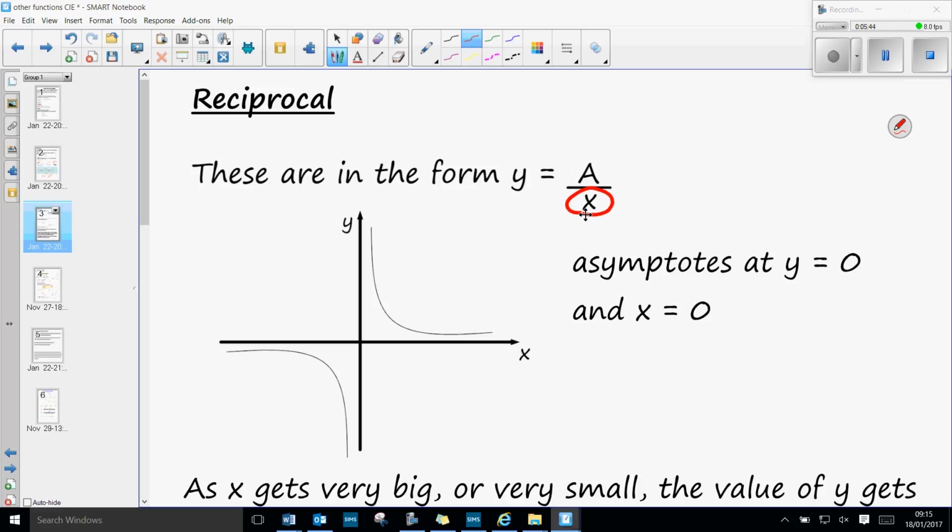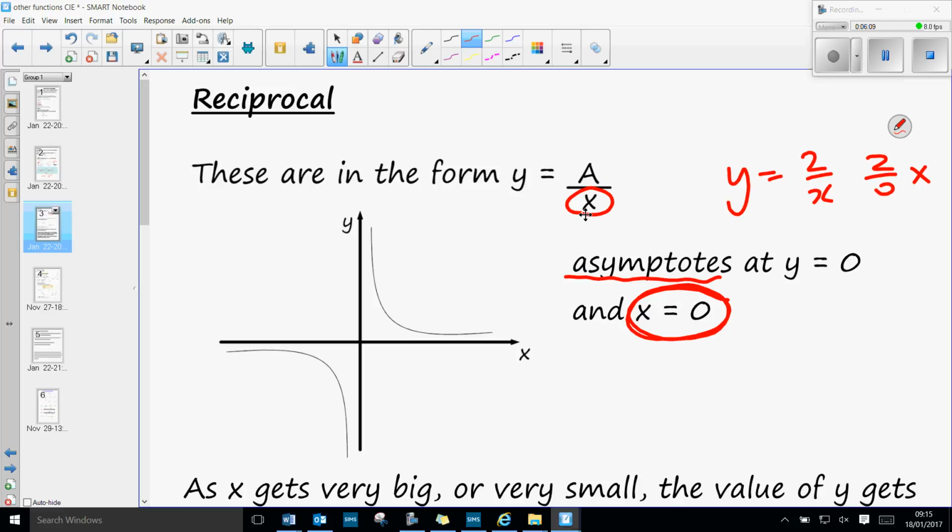So if we just had a basic graph, for example, y equals 2 over x, the vertical asymptote, which is where the graph never touches, would be where x is 0. That is because we cannot have 2 divided by 0.